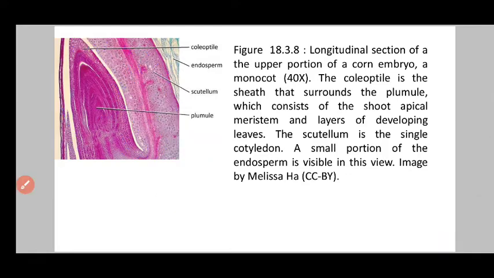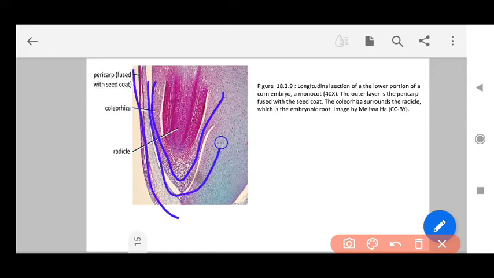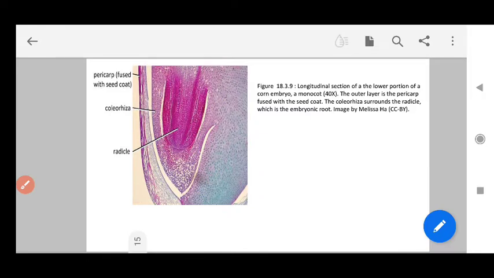This is the radicle part inside the monocot seed. The covering that coats the radicle or root tip is the coleorhiza, and the pericarp is seen here fused with the seed coat, the outer covering, like the upper yellowish covering of your rice, which is the pericarp.